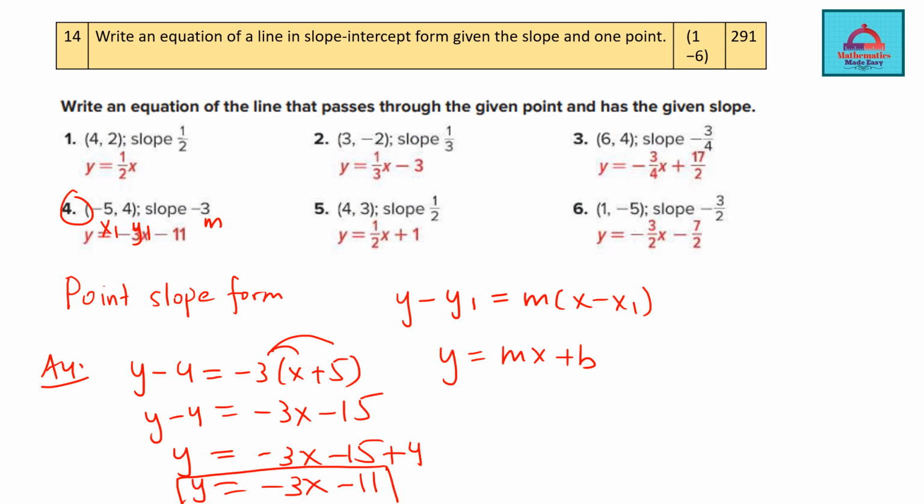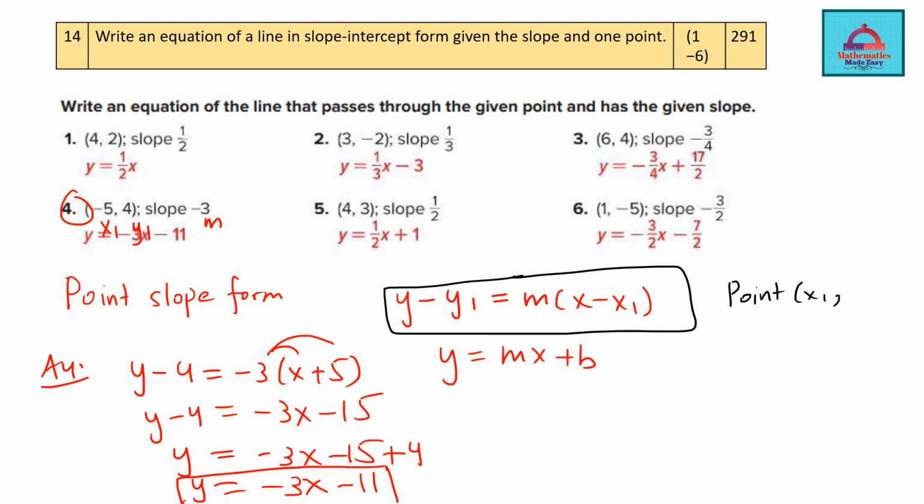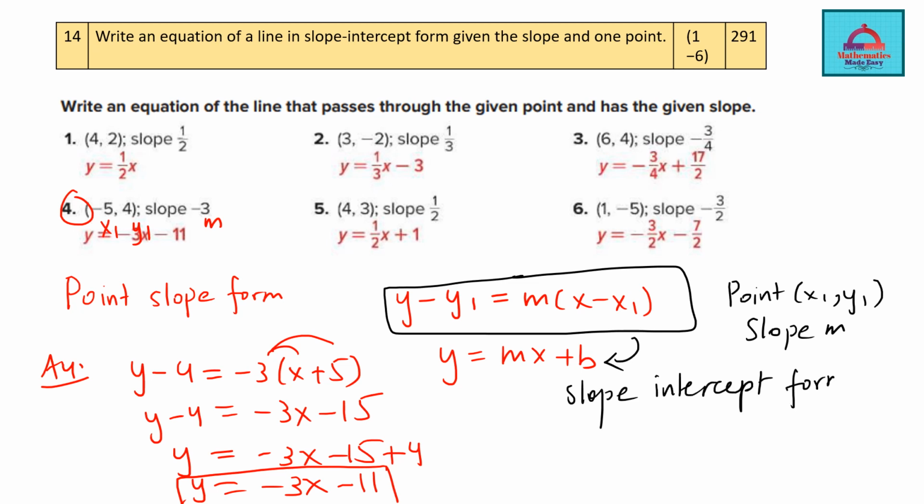You can check your answers in slope intercept form. This is coming equal. So what we did, we used the point slope form. We used the point x1, y1 and the slope m to get to slope intercept form where m is slope and b is the y-intercept.